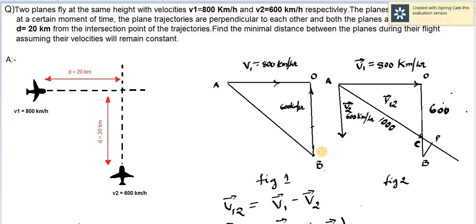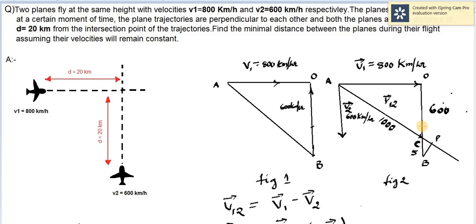So it is lagging behind by 5 kilometers. Therefore, BC in our figure would be equal to 5, and OC is 600. BC is 5 here.